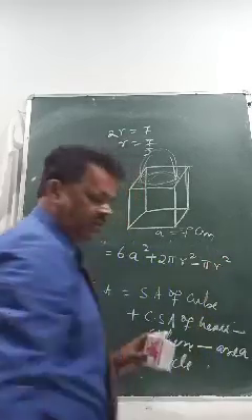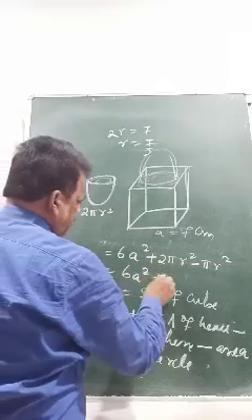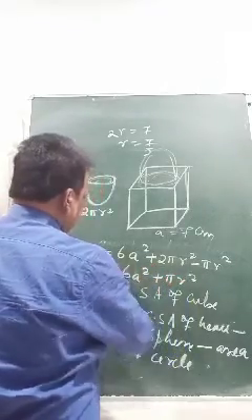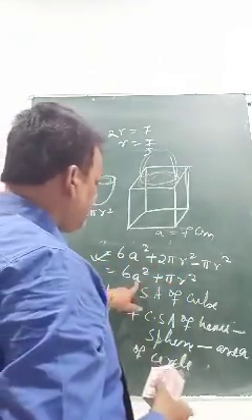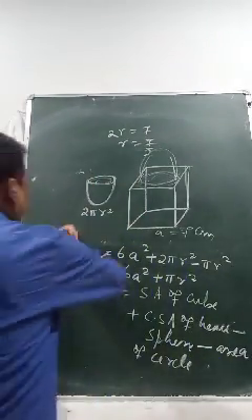This is the mistake we are making. So it is 6a square plus pi r square. Do the calculation: put the value of a, put the value of r. Okay, this is 4. Then go back to 5.